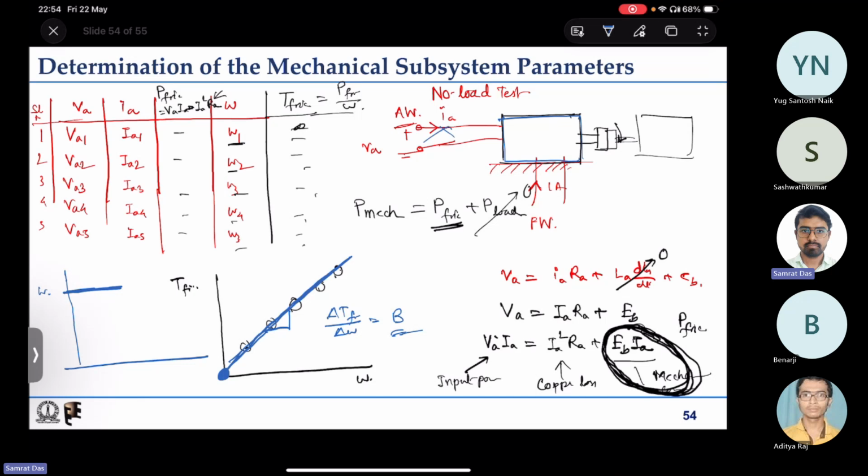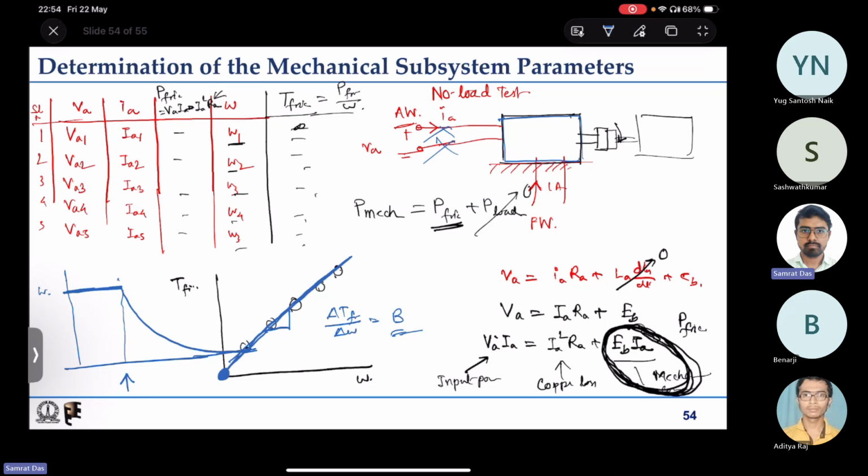Now you suddenly disconnect this, so that immediately there is no torque. So at this point it is disconnected, it will fall. It will fall exponentially, right? This is how the motor speed will fall.